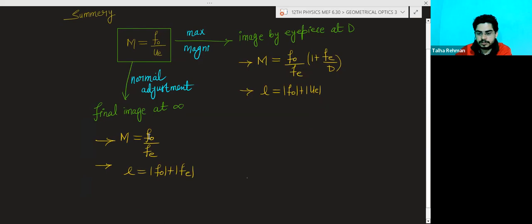FO is the focal length of the objective lens. Fe is the focal length of the eyepiece lens. L is the length of telescope. UE is the object distance for the eyepiece lens. D is the least distance of distinct vision, that is 25 centimeter.